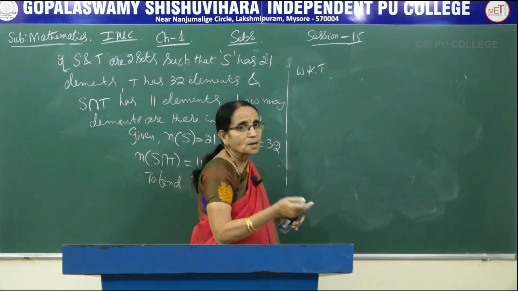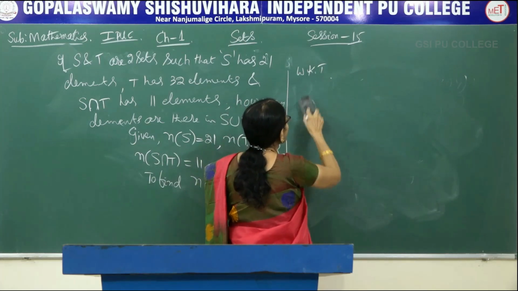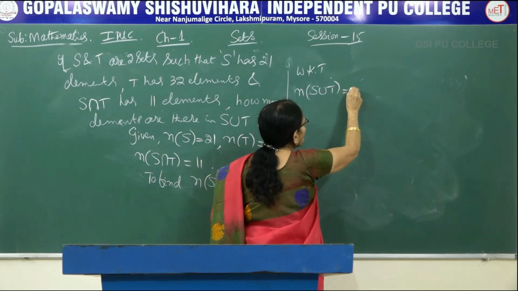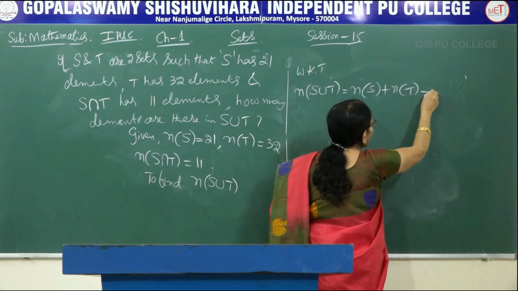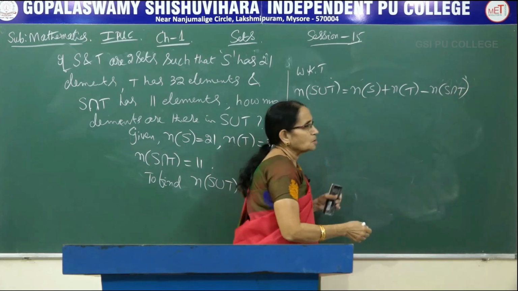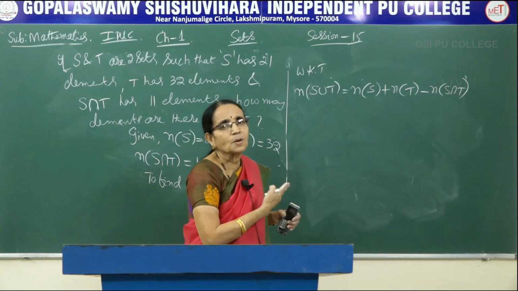Because the sets are S and T, let me write the formula using these sets. n of S union T equal to n of S plus n of T minus n of S intersection T. So if A and B are given, you rearrange. X and Y were given, we wrote like that.